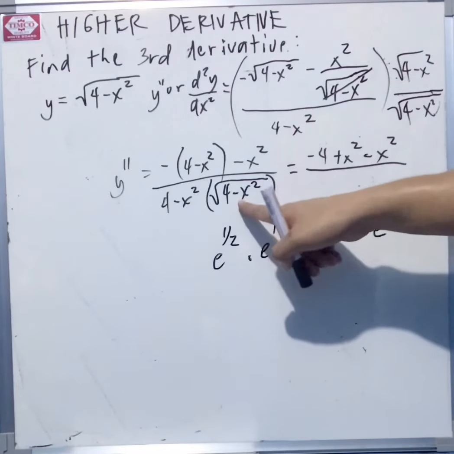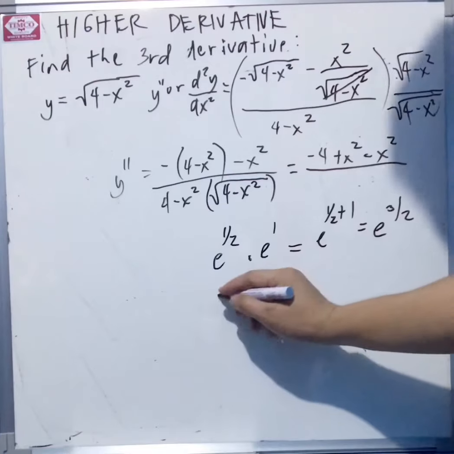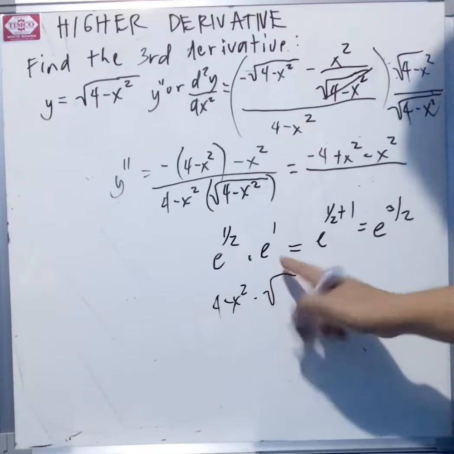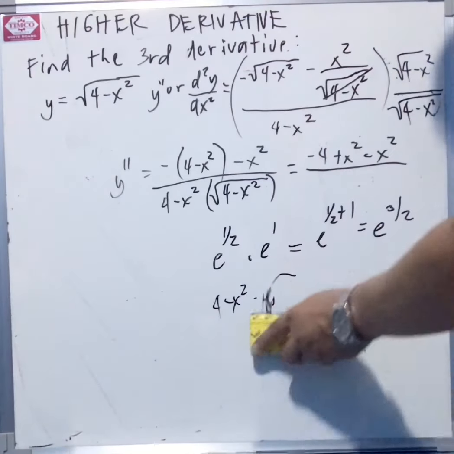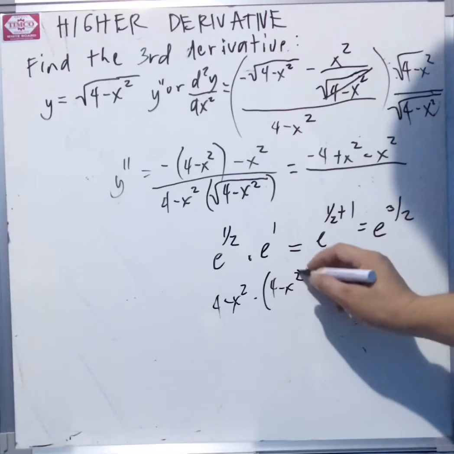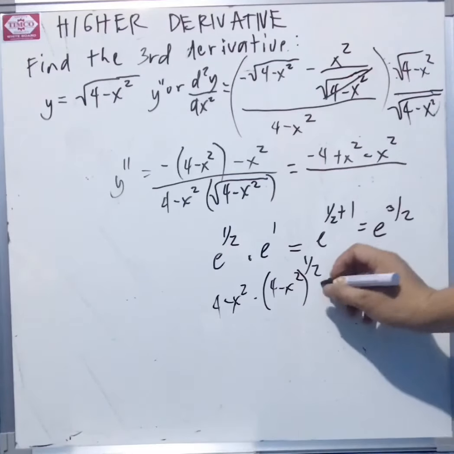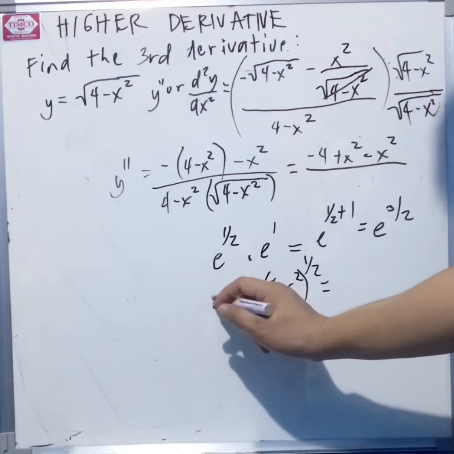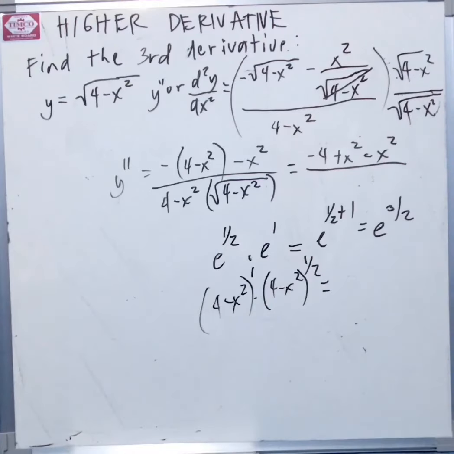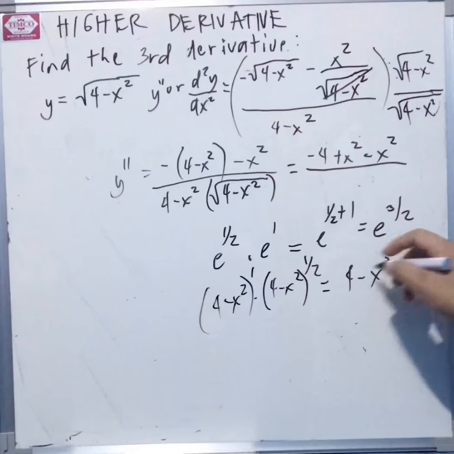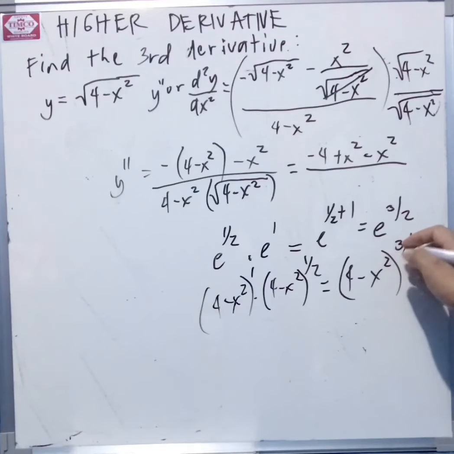So, same yung gagawin natin dito. We have 4 minus x squared multiplied by square root, raised to 1/2 na natin. 4 minus x squared raised to 1/2. So, pag-add lang natin yung kanilang exponent. So, raised to 1 yan. Diba? 1 plus 1/2 is 3 over 2. So, 4 minus x squared raised to 3 over 2. Ayan.